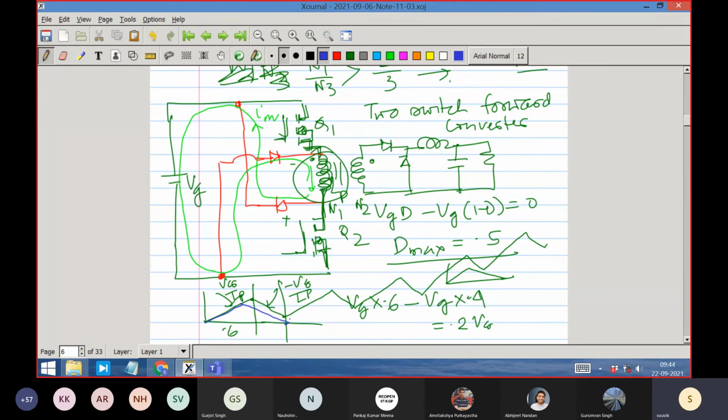So far, all the time we have seen that this is not optimum flux-wise, because the initial flux levels are 0. We have argued in other classes that if the flux level is negative, we get better utilization of the magnetic circuit.